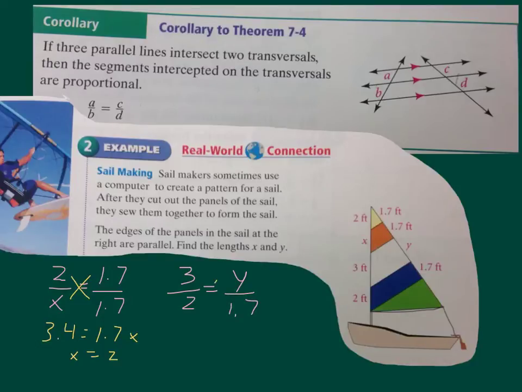Again, we're going to do cross products. So we get 2y equals 3 times 1.7. So 2y is going to equal 5.1. Divide both sides by 2, and y equals 2.55.